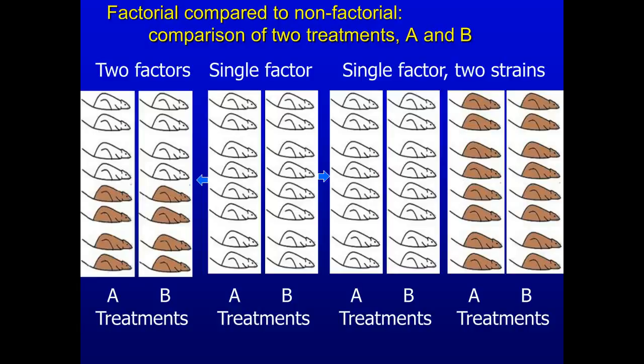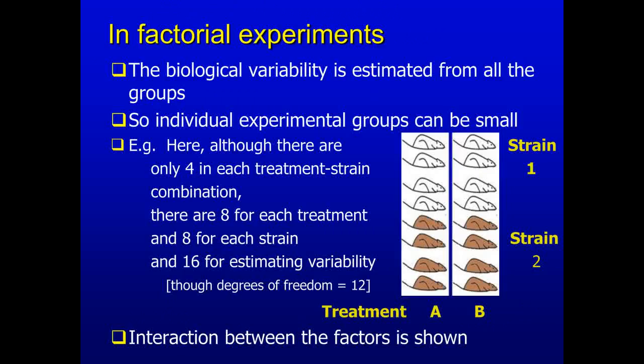If you do a factorial design, you then find that you have both the strains within each of the treatment groups. So for each treatment, you have 8 experimental units. For each strain, you have 8 experimental units, but you've only 16 altogether.